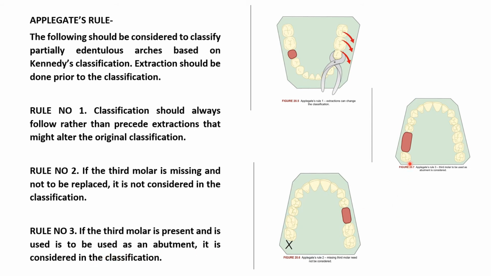Here, your first and second molar are missing and your third molar is present and we are going to use it as an abutment, then only it is considered, or else it is not. Those are the 3 rules given by Applegate.